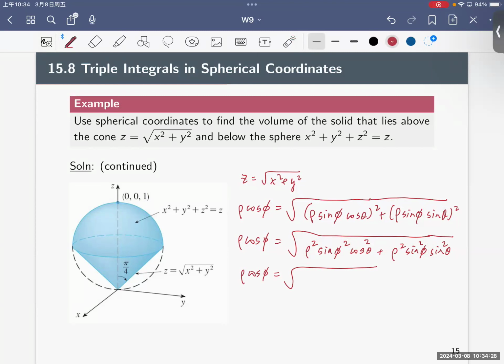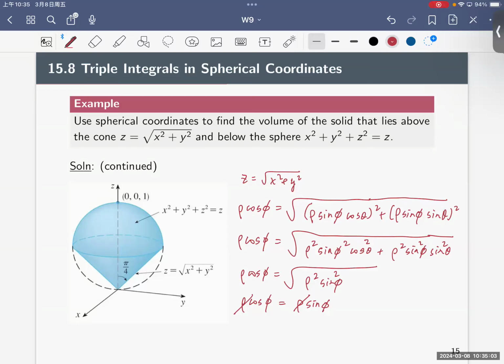So under the square root, I have rho squared sine squared phi. By taking the square root, I have rho sine phi. There's no plus or minus because rho is always positive, and because phi goes between 0 and pi, sine phi is always positive. So I have rho cosine phi equal to rho sine phi, and the two rhos cancel each other. In the end, I have cosine phi equal to sine phi.